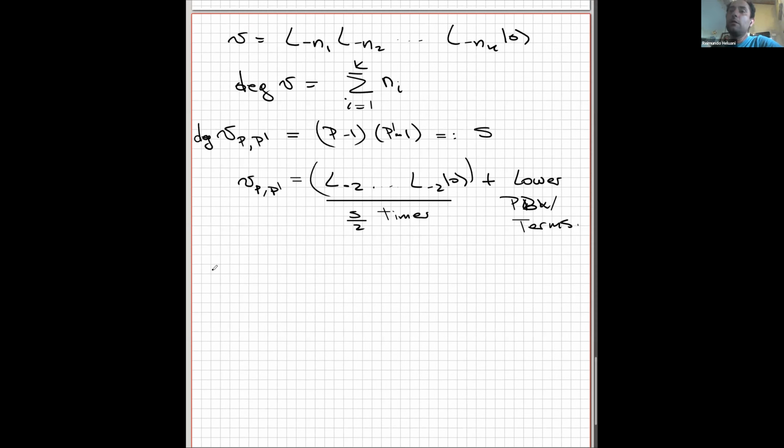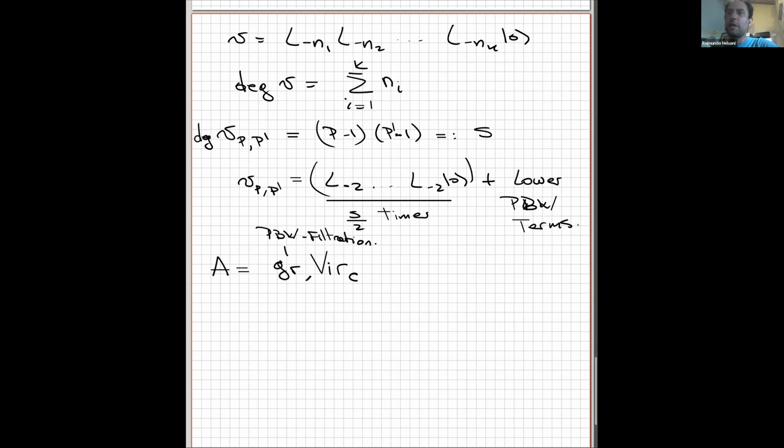Okay. So now I'm going to look at the associated graded. A is going to be the associated graded here, with respect to the PBW filtration. I'm going to change this a little bit. But we know what it is. So this is a quotient.